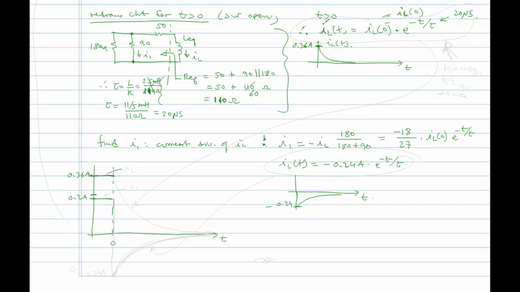So this is IL, this is I1. After time t0, when the switch opens, we now get the inductor current exponentially decaying down to 0.